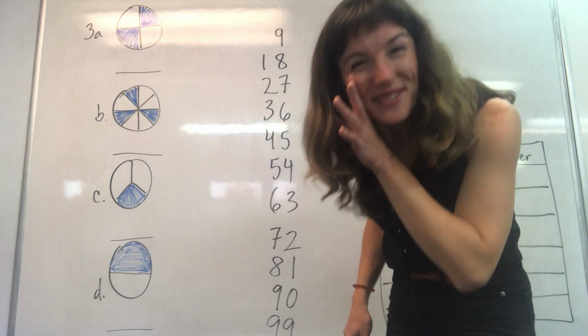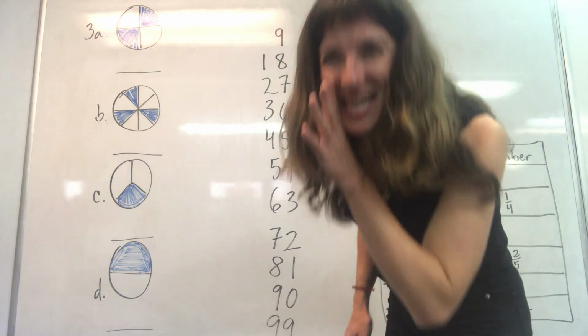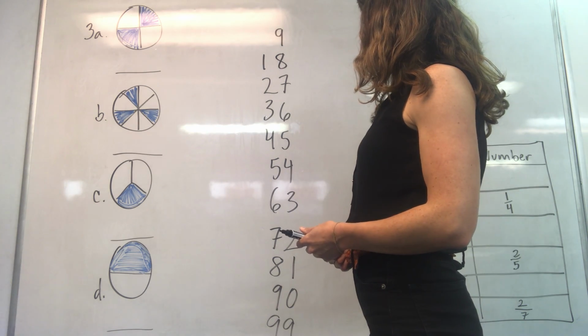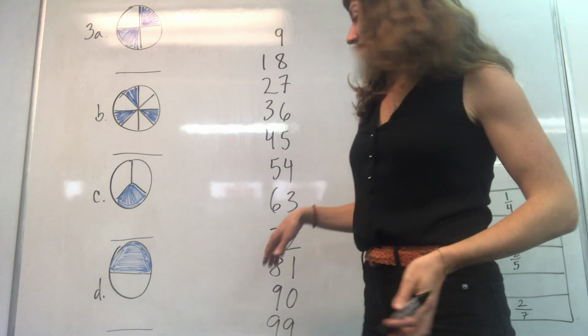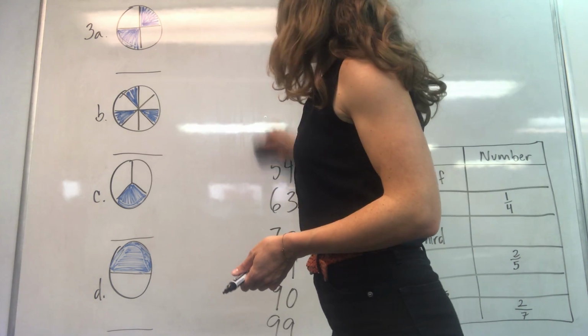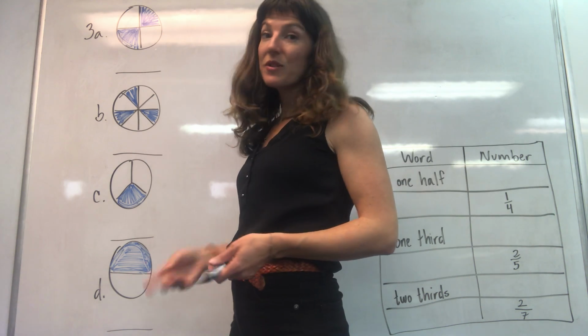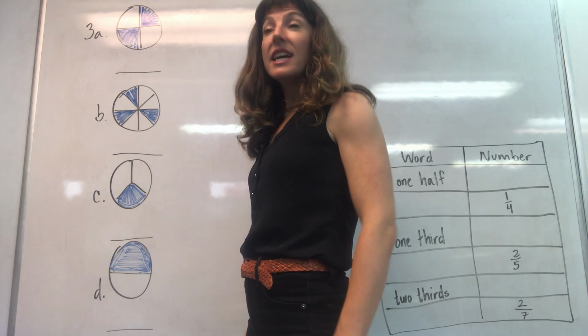I totally use this on the math times table test. What? I totally do. Okay? So that's one way to work on your 9 times table. You can also use your fingers, but in the times table test, you don't have time to use your fingers.